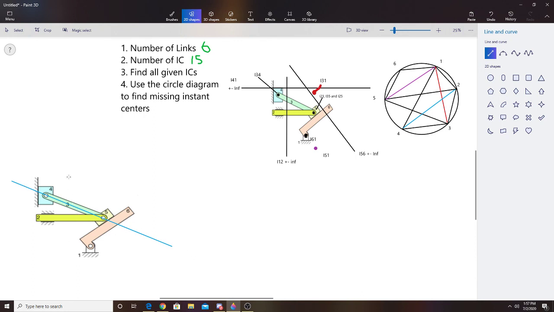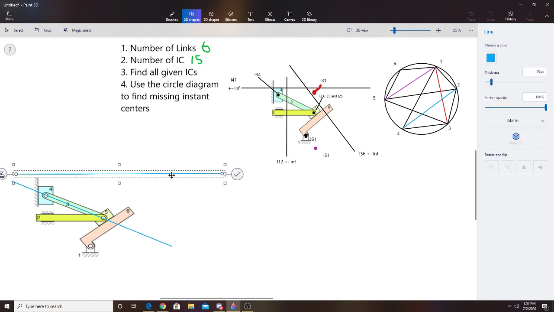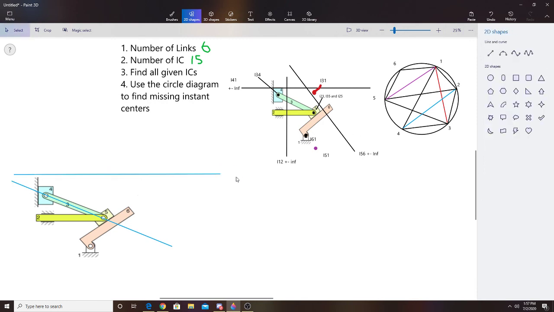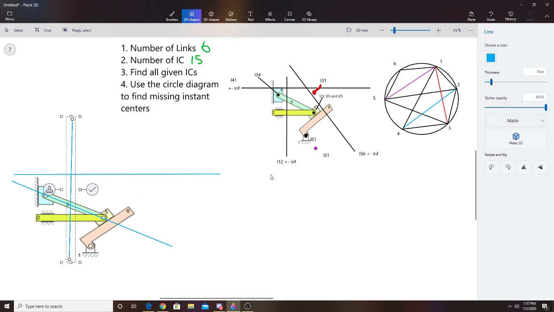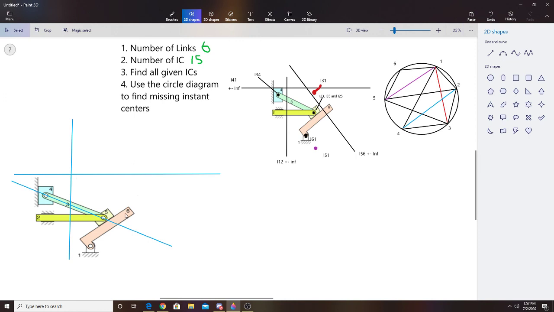So, we could just do this. Like for example, if we put this line out here, and then let's say we did one right here, which is our slider line. Right?